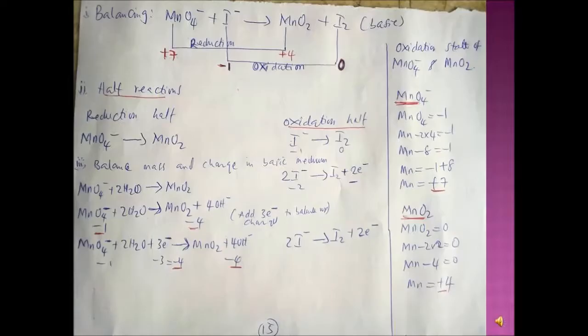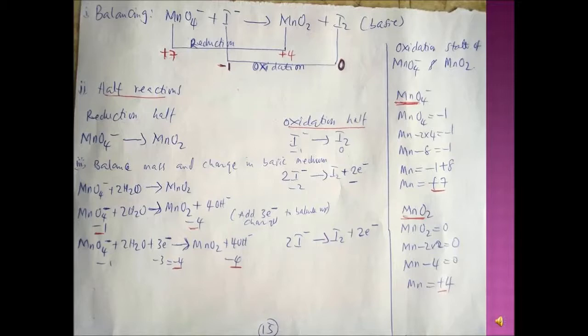So let's take the last example here. Our last worked example is between manganese 7 in MnO4 minus and manganese 4 oxide. You can see how we got +7 for manganese in MnO4 minus, and how we got +4 for MnO2.